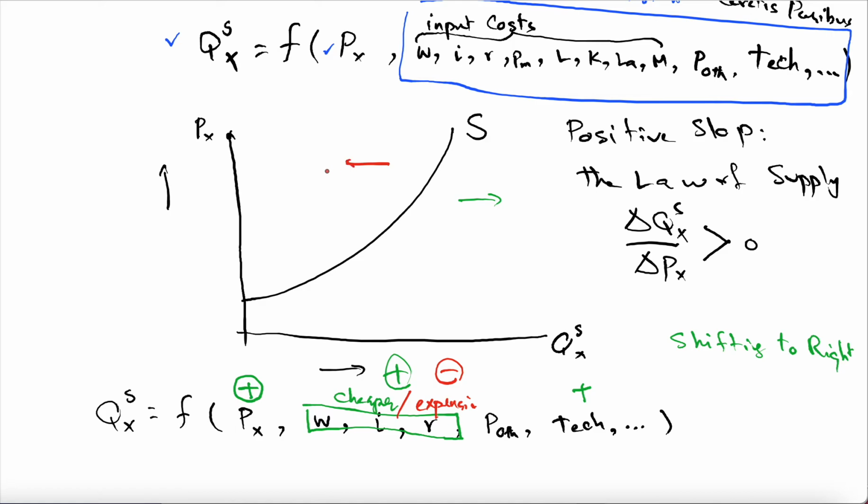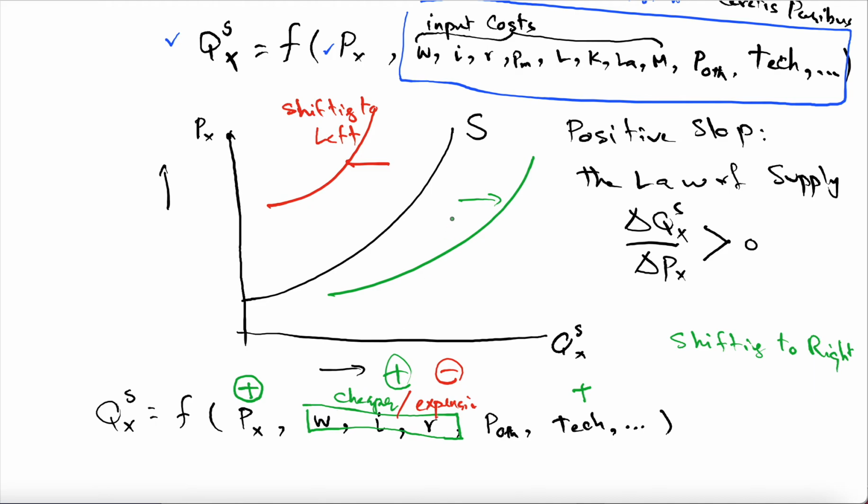It means shifting to the left. So this is called a decrease, and this is called an increase.